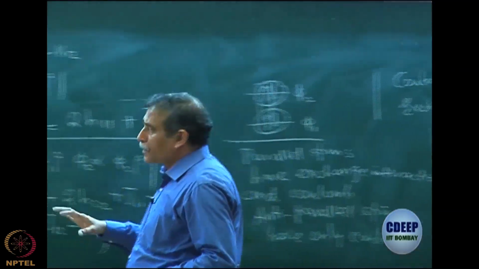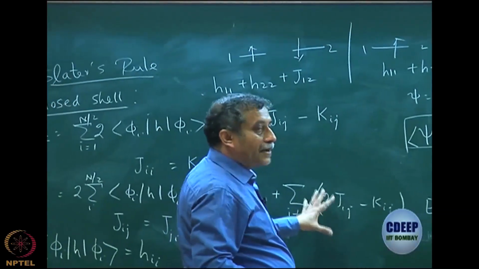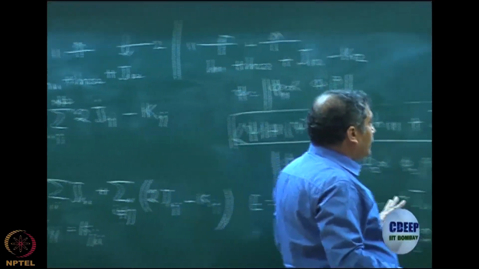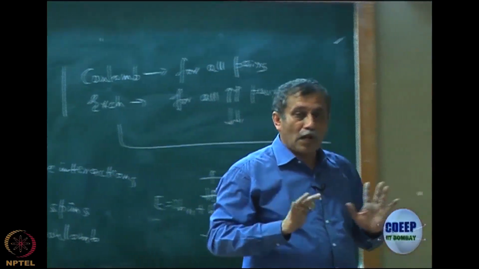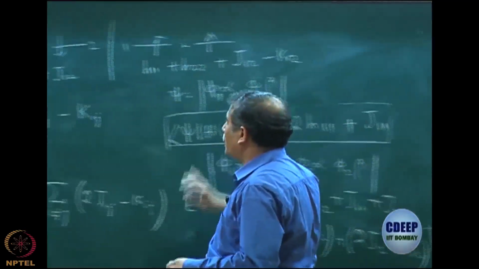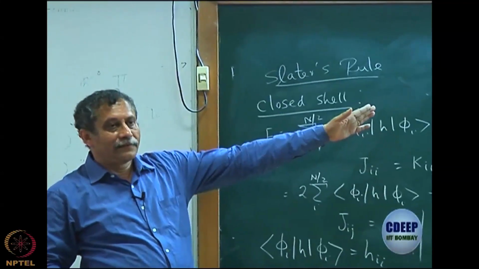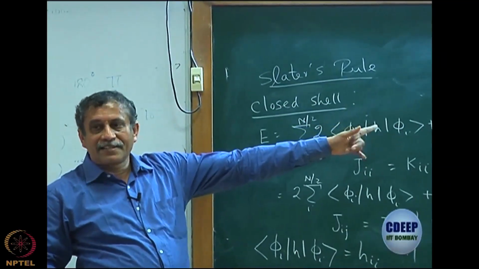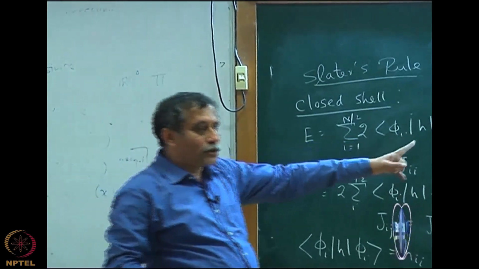Now, it is very important to note that each of these exchange integrals and Coulomb integrals, if I integrate in terms of spatial orbitals, are always positive. The values are always positive, again without proof we are stating. So, K is a positive quantity. So, which will have a lower energy? The second one. And that is essentially the Hund's rule. What does the Hund's rule say?